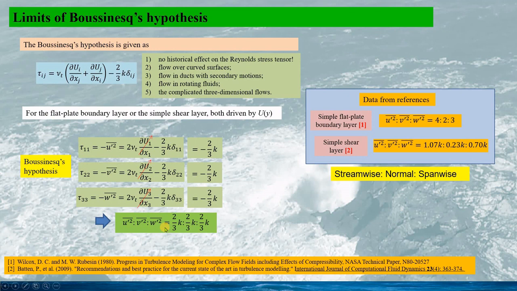This will lead to the ratio of the normal Reynolds stresses. Those are equal. So if we compare this theoretical value to the experimental data, we can see the difference. Therefore, the Boussinesq hypothesis is very inaccurate even in such simple turbulent flows.